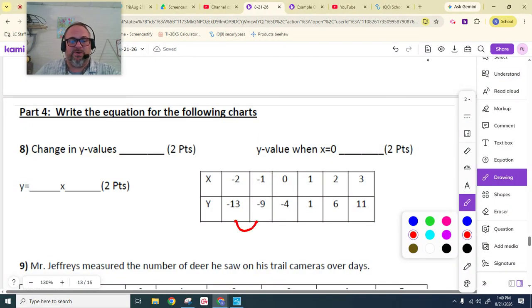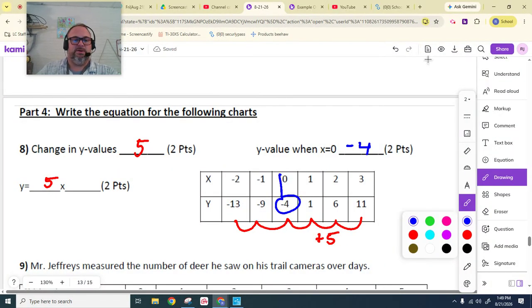So our change in y values looks like we are adding 5 each time. So that goes here. And y value when x is 0, -4 and -4. Okay.